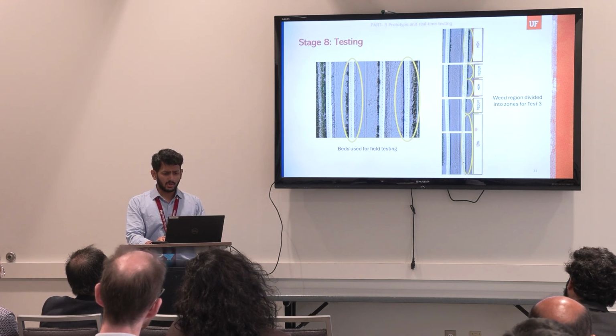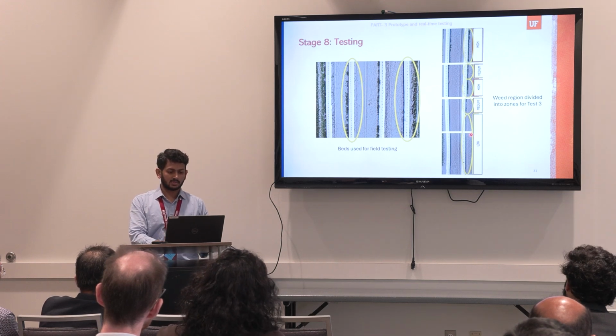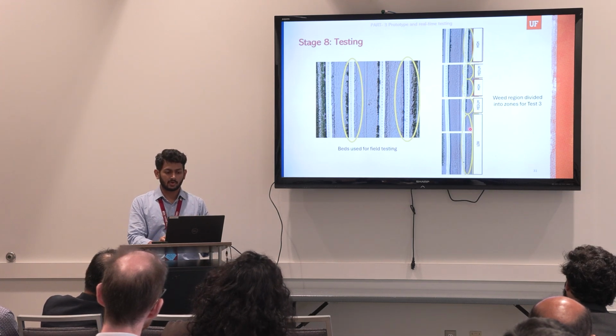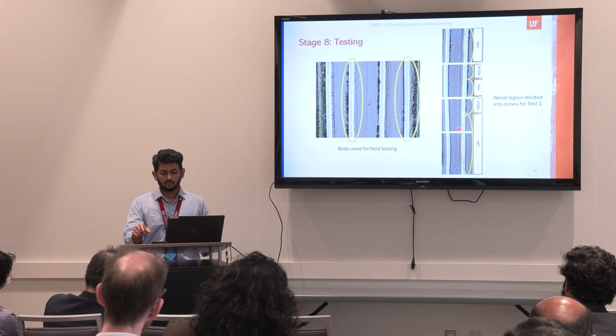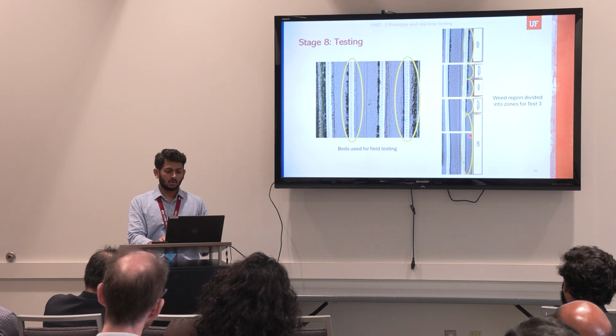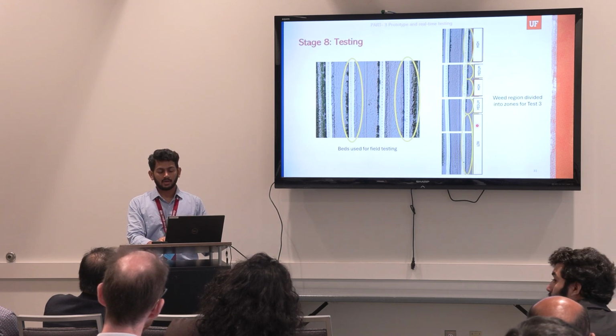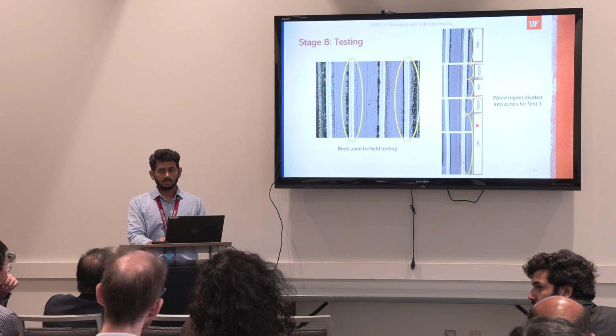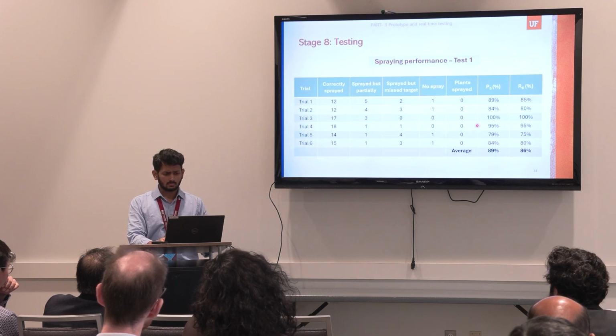Here, because it's more broadleaf dominated, which grow in patches, it's difficult to separate them and tell them that okay, we have 1 broadleaf or 4 broadleaf. So here we divided into 5 zones varying with different intensities, and we evaluated the performance based on that.